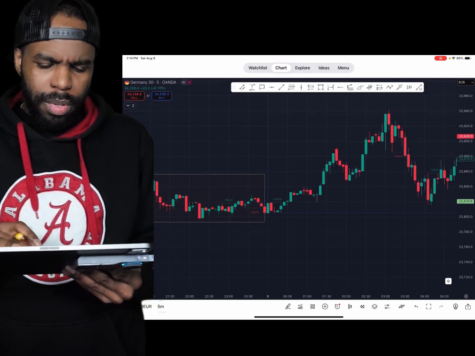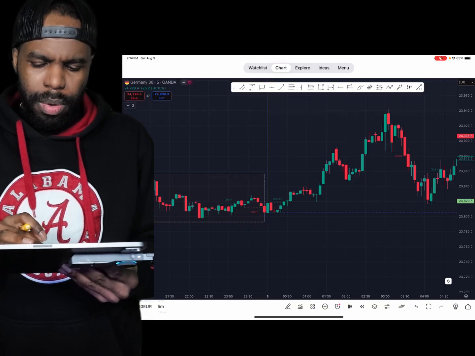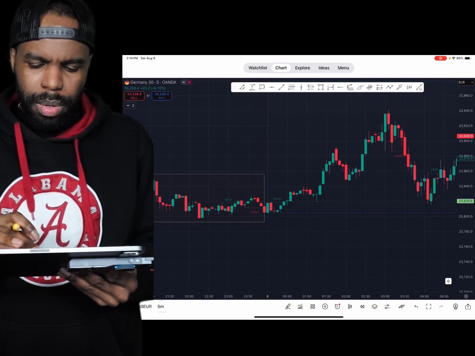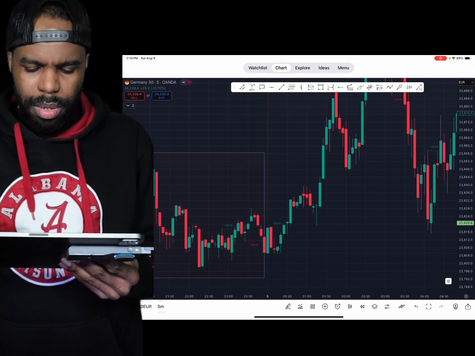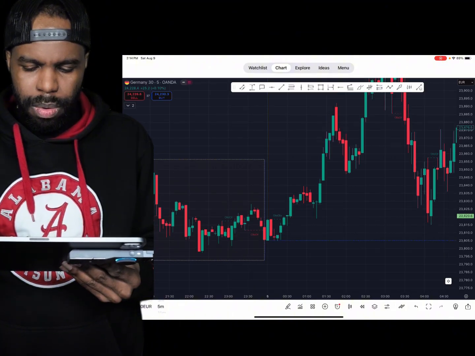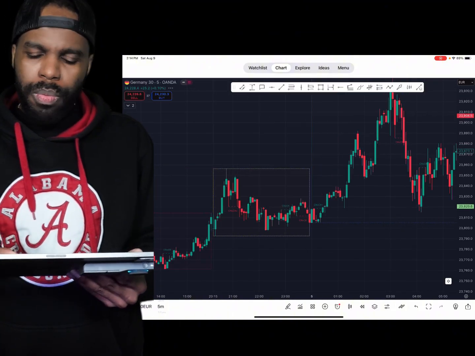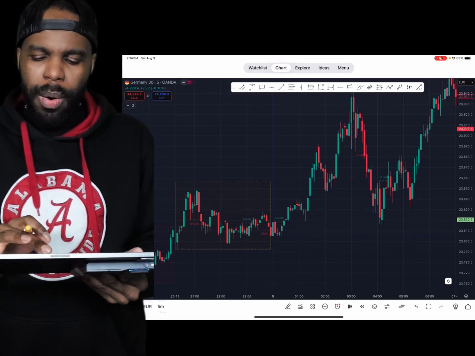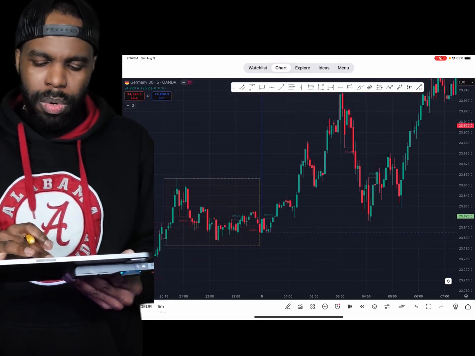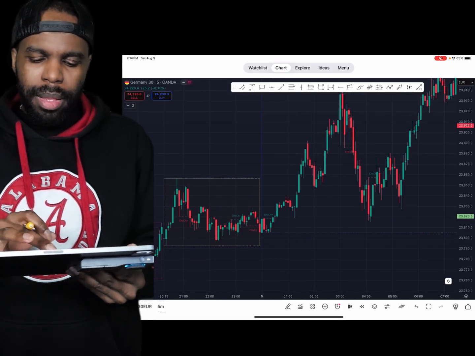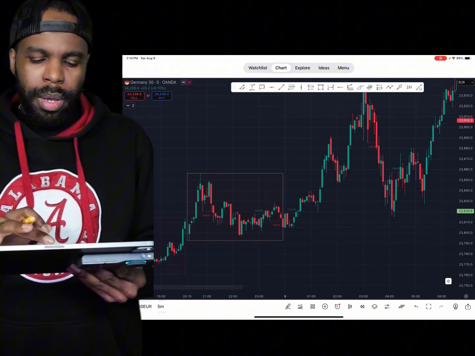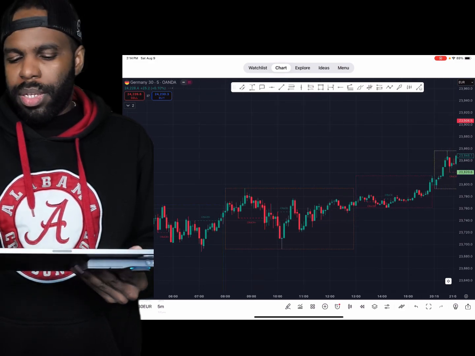Let me see if this lined up. We got a low here. Let me look. Low. So we probably would have never taken a trade here because what I'm looking for is a low, then another low, and also there was no sweep here. So I probably wouldn't have taken that trade that session.